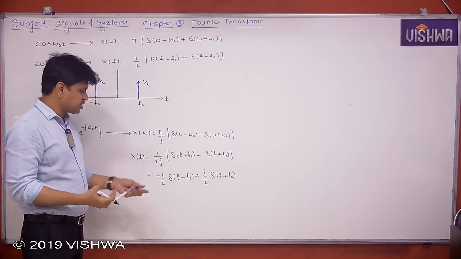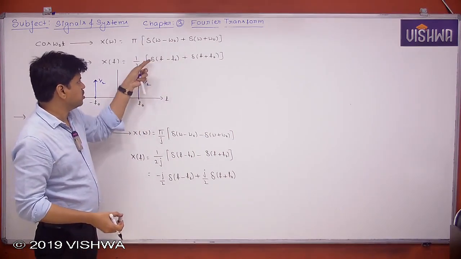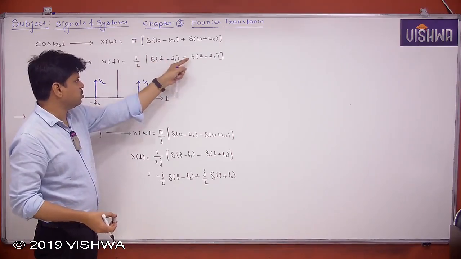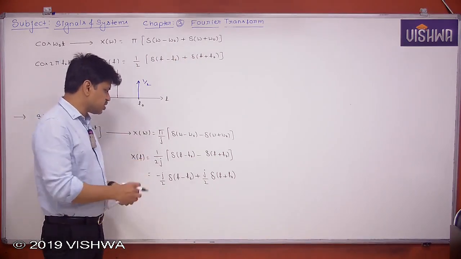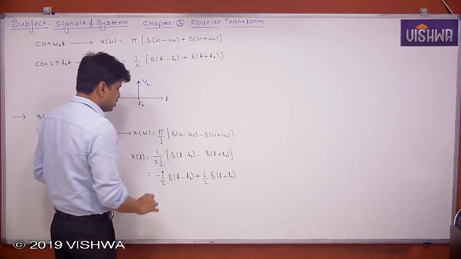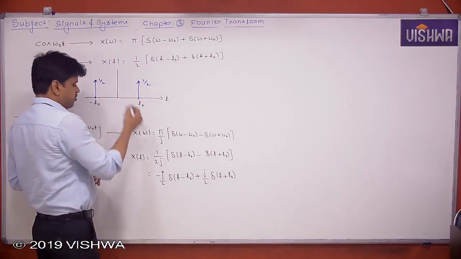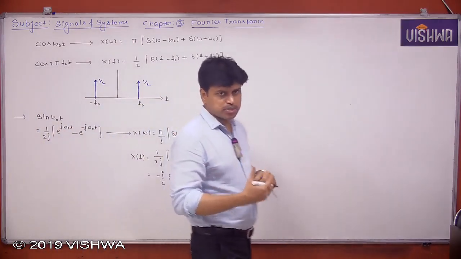So if I write x of f, in the previous case we don't have any phase, we simply have delta(f minus f naught) with amplitude 1 by 2 and delta(f plus f naught) with amplitude 1 by 2. But in this case we have a j term, that means it has phase also. So while writing x of f, we have to go for both magnitude spectrum as well as phase spectrum.